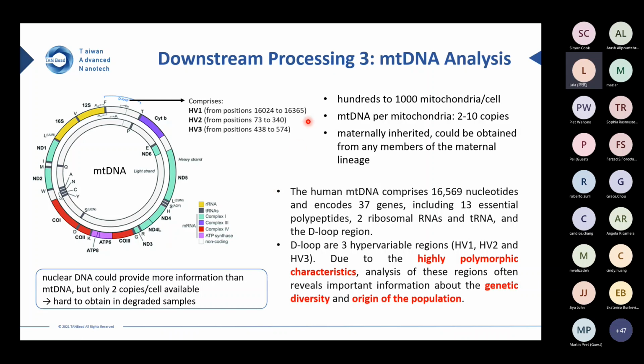Meanwhile, for mitochondrial DNA, we might be looking at hundreds to 1,000 mitochondria per cell. And in each of these mitochondria, there are 2 to 10 copies of DNA. So in one cell, we will be looking at 2,000 to 10,000 copies of DNA.